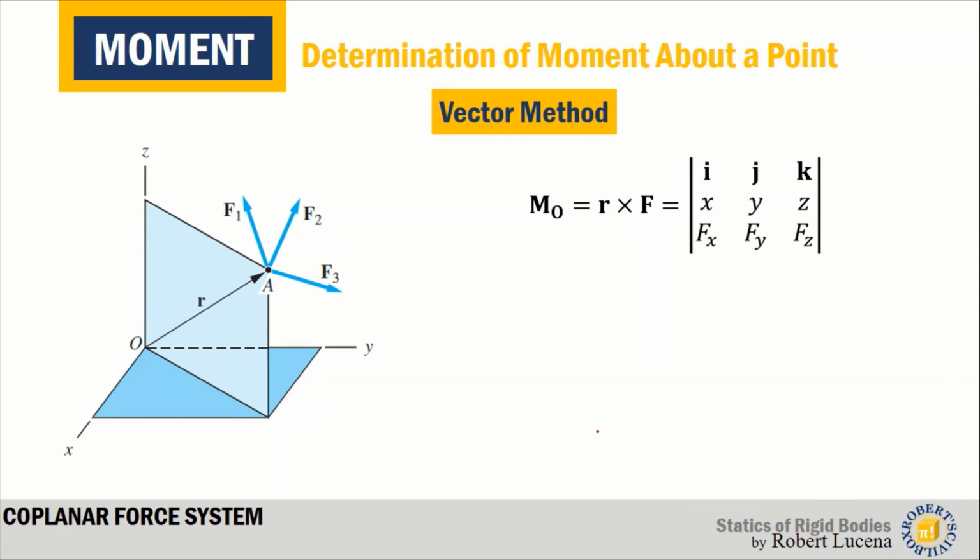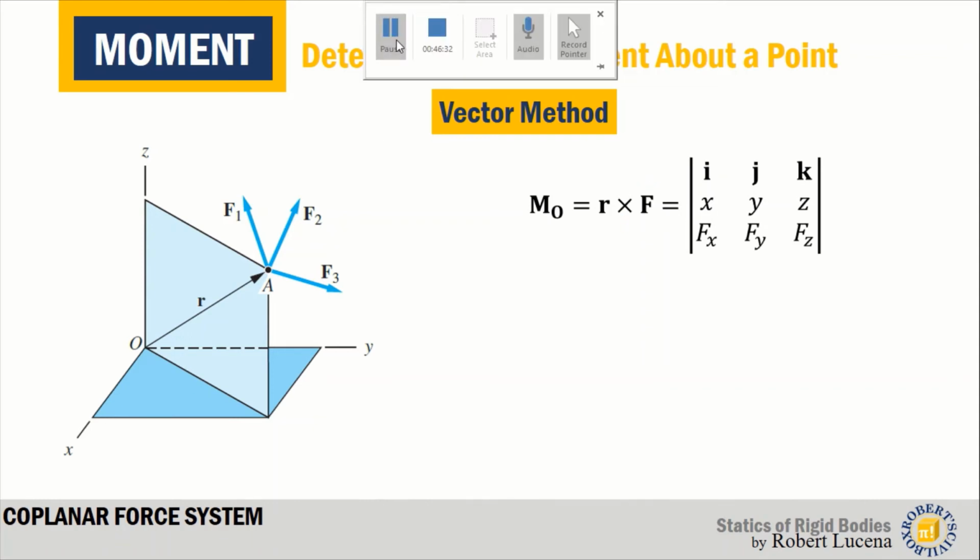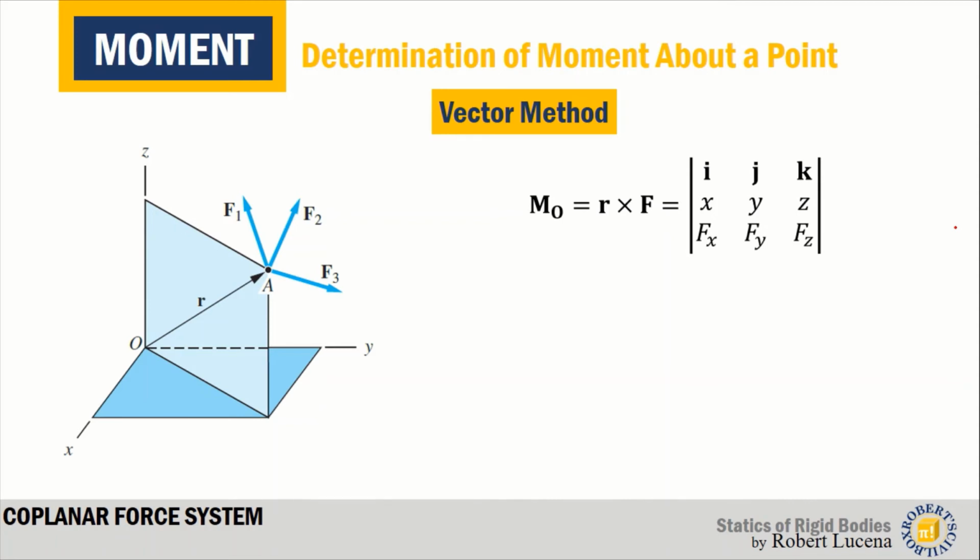And by vector method, if we have vector R and vector F, we can get the moment vector caused by the line of action or caused by a force F.